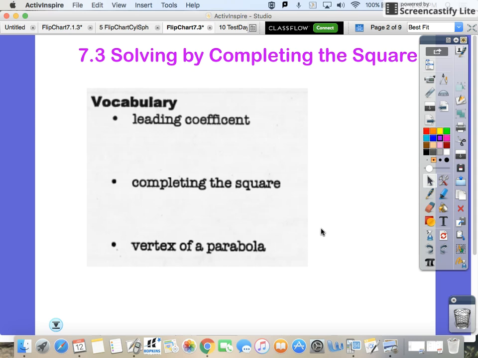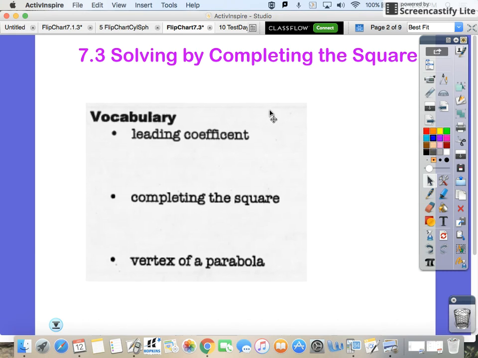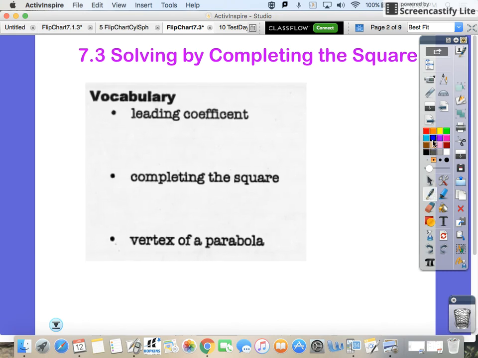This is lesson 7.3, solving by completing the square for Algebra 2. Before we start, again, we'll do a couple words and get some definitions so that the work is a little bit easier. So leading coefficient is the number in front of the highest powered term.